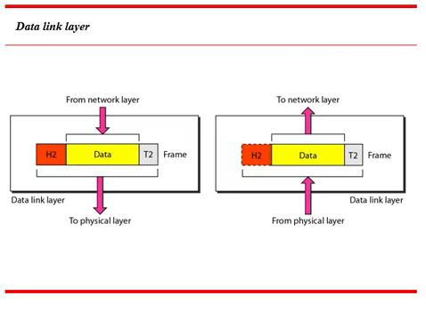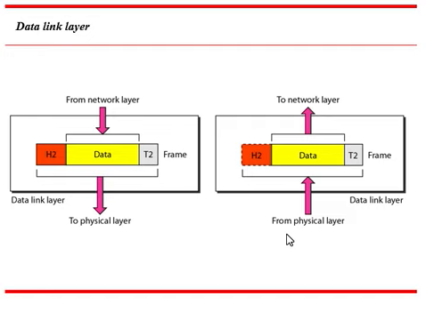The next layer is the data link layer. The data link layer receives the network packets from the network layer and adds a header and tail to these data packets, which is called a frame, converting them into frames. It forwards these frames to the next layer, which is the physical layer.